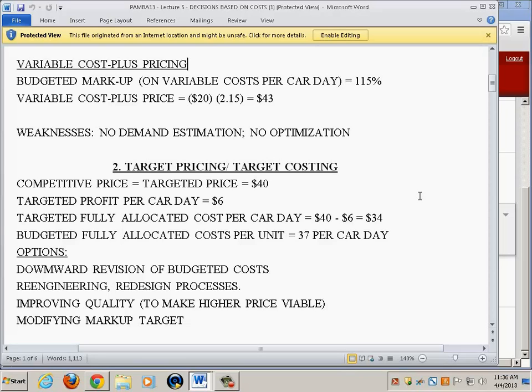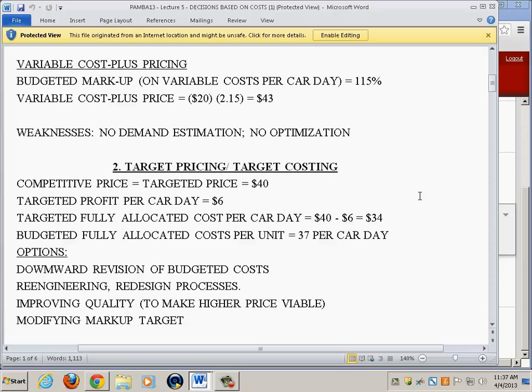Well, if we want to be competitive with pricing at 40 and we want a profit of 6, then obviously our target costing should be 40 minus 6 or 34, because otherwise if we don't achieve a fully allocated cost per unit of 34, we will not be able to price at 40 and realize a profit of $6. So we subtract the 6 from 40 and we get a target costing of 34 that is consistent with a competitive price of 40 and a targeted profit of 6.